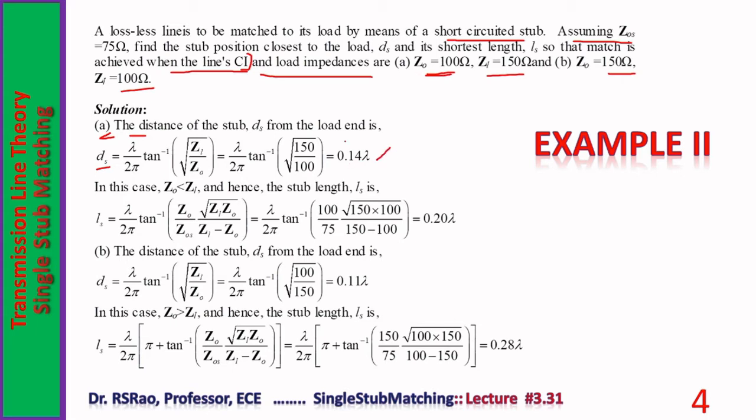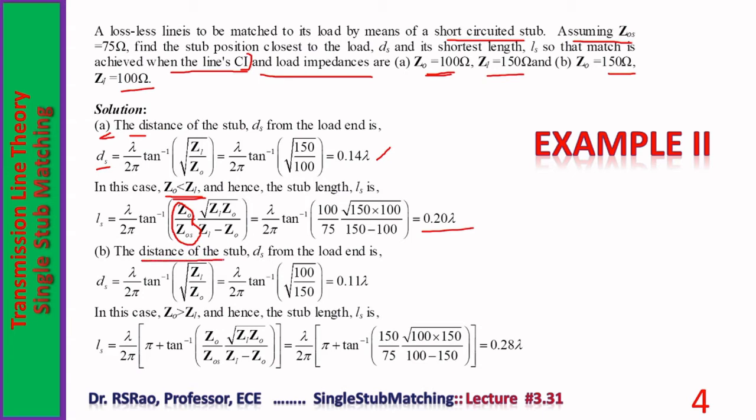In case A, Z0 is less than ZL. Therefore, the formula for LS is lambda by 2 pi tan inverse of Z0s by Z0 times square root of Z0 ZL by ZL minus Z0. This part takes care of different characteristic impedances. So ultimately what we get is 0.20 lambda.